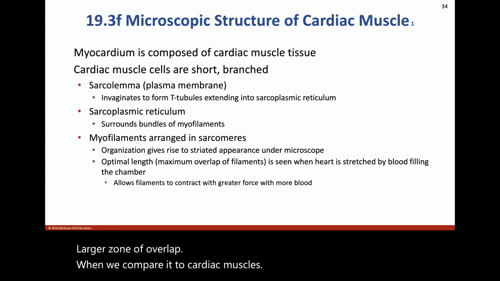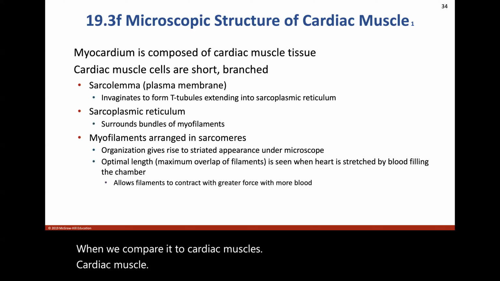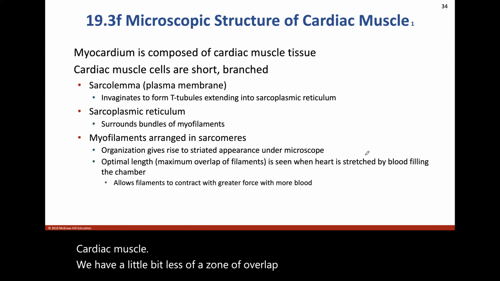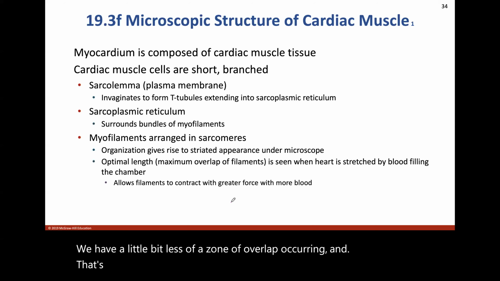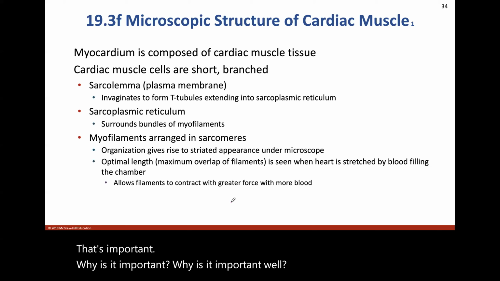Cardiac muscle, we have a little bit less of a zone of overlap occurring, and that's important. Why is it important?